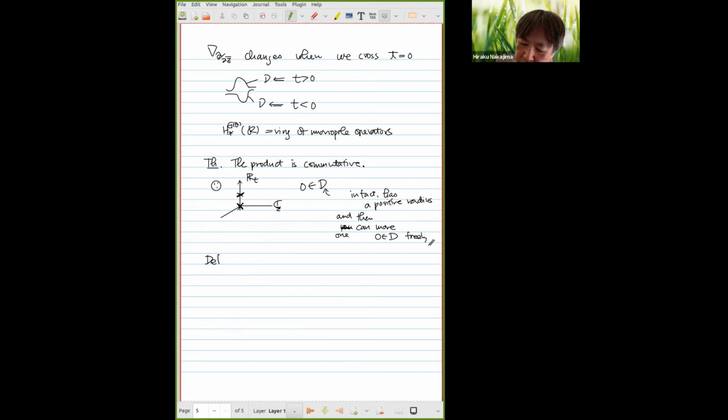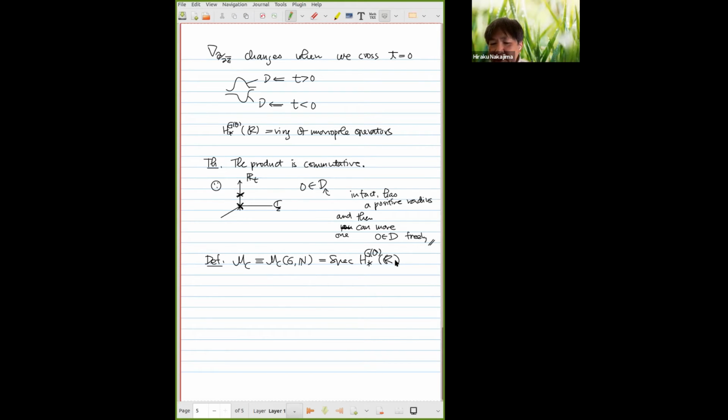So you get a commutative ring in this way. Once you have a commutative ring, you can define the Coulomb branch as the spectrum of this commutative ring.